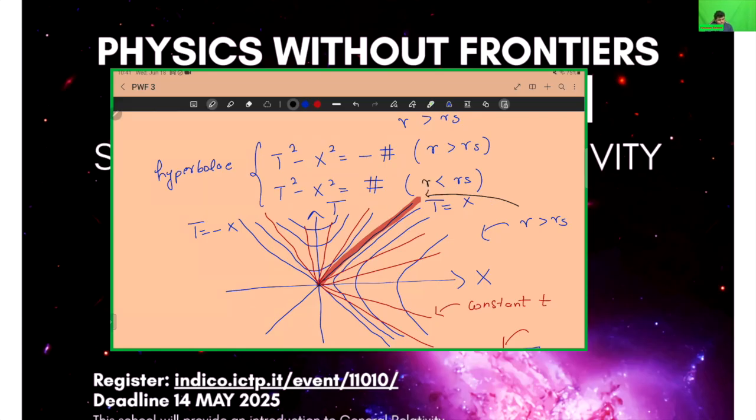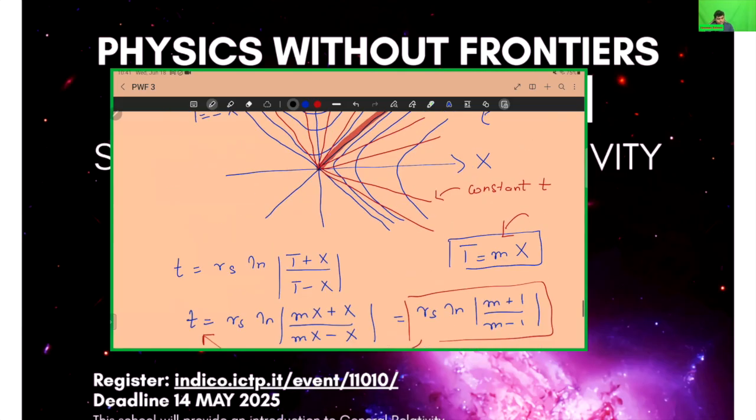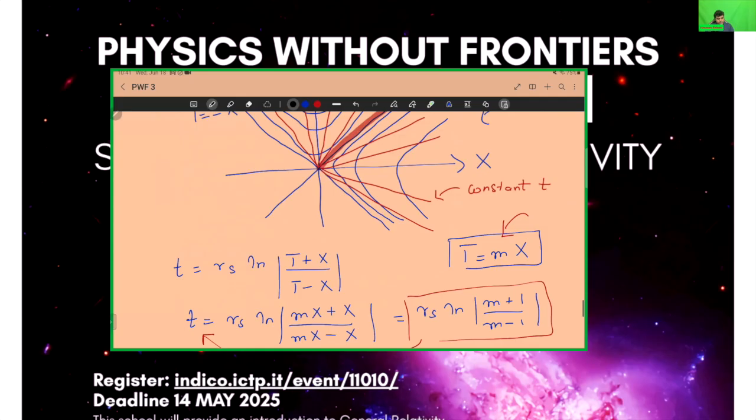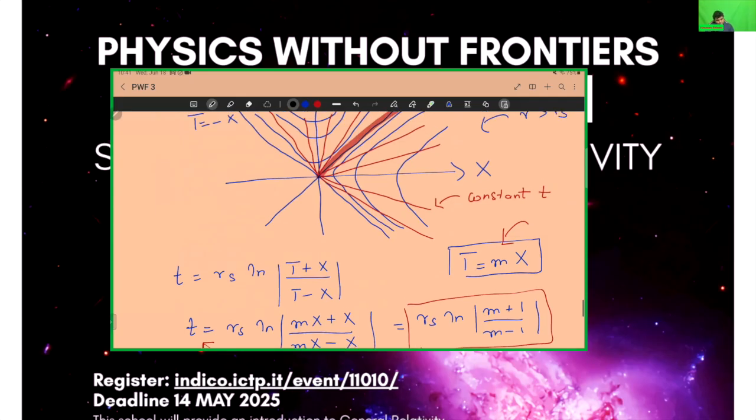This corresponds to r equals Gm, but it also corresponds to time equal to infinity. When time equal to minus infinity, m equal to -1, but m equal to -1 means that t equals minus x. And that thing is here. So this line corresponds to t equal to minus infinity.